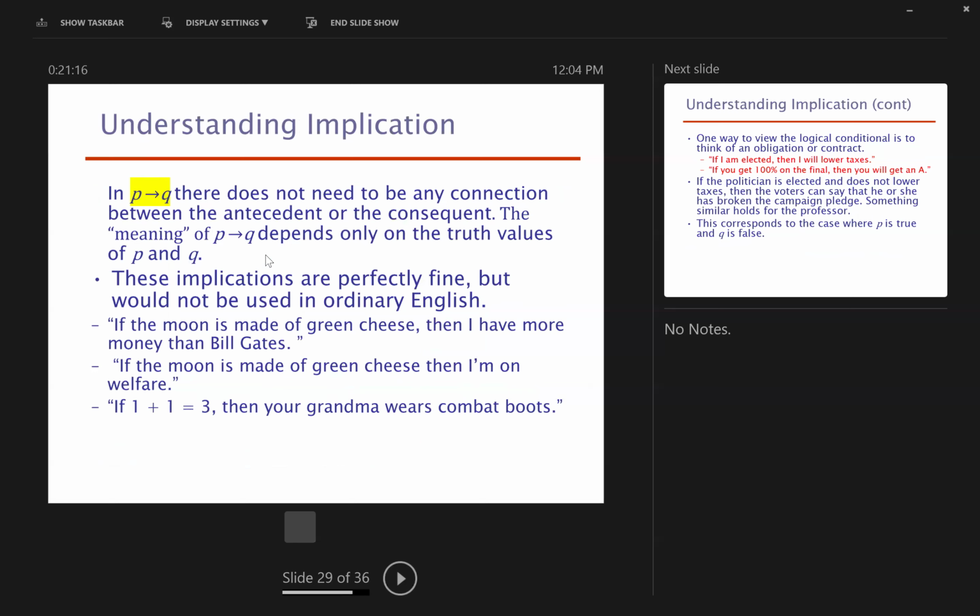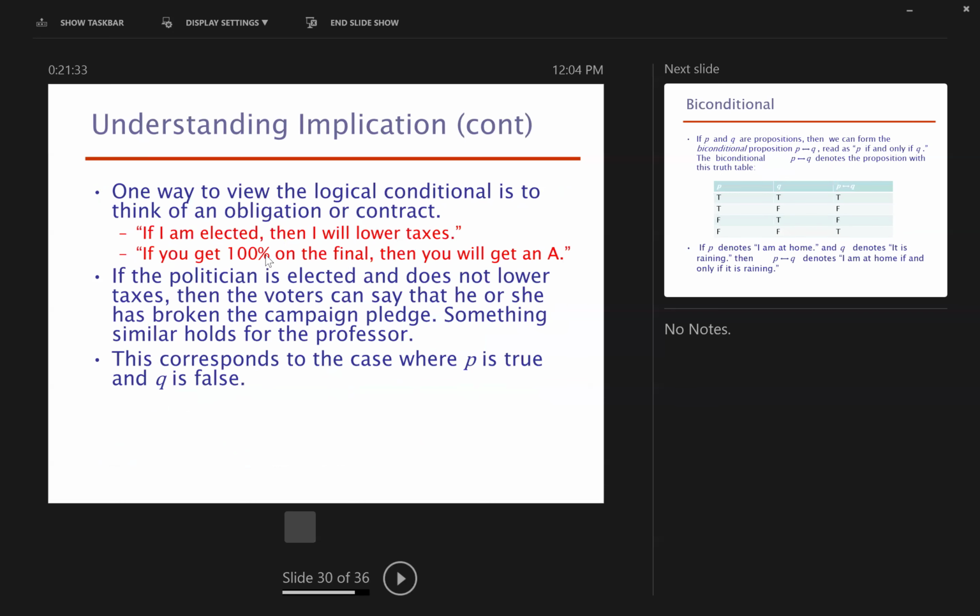So that's what they explained to us. So the whole concept of the implication is using the if-then rules. Again, if-then rules. So example again, if the moon is made of green cheese, then that will be the implication, then I have more money than Bill Gates, etc. Also, this is another example given.